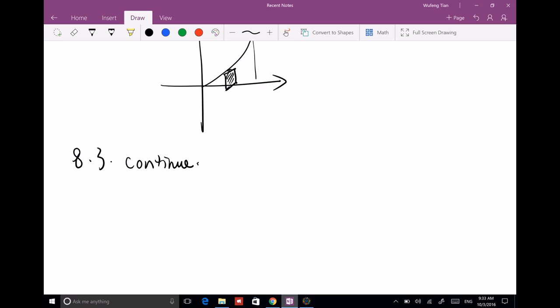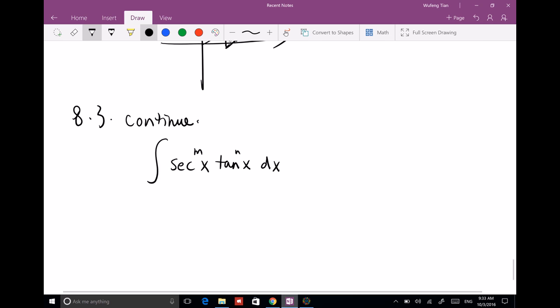So next one, if we have something like secant x to the power m and tangent x to the power n dx. For example, secant x squared times tangent x dx.